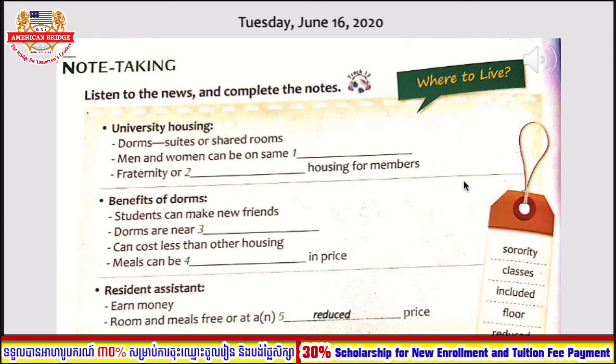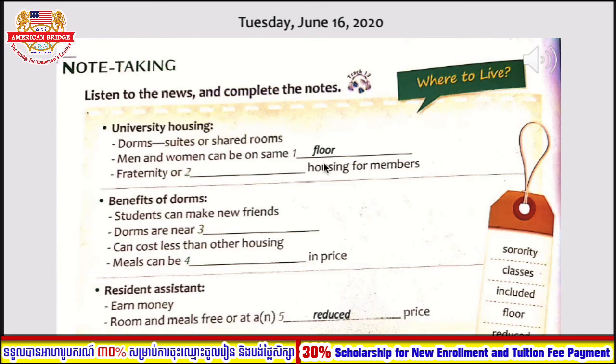Very good. So after you listen to the 3-minute long audio, I hope you get some of the information that you need to complete this note. So let's start with number 1. Everyone, can you guess what the information is here? Men and women can be on the same floor in university housing.